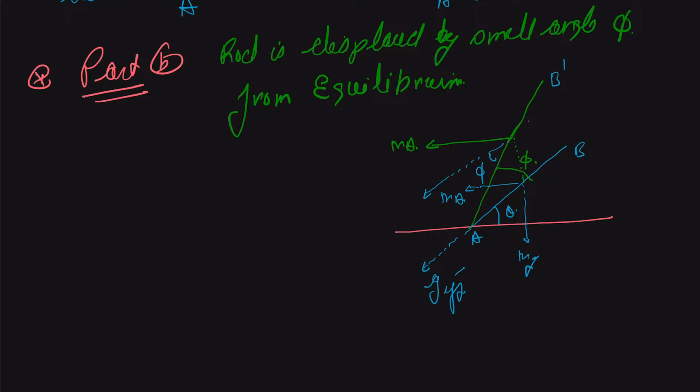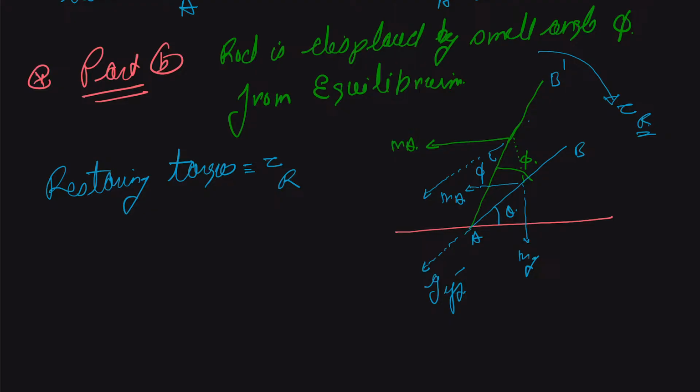It will try to move in the backward direction to its equilibrium position. So there will be a restoring torque, and let us call this tau r. So tau r will try to move it back to its equilibrium position. Okay, that's the basic. And we are interested in this tau r.